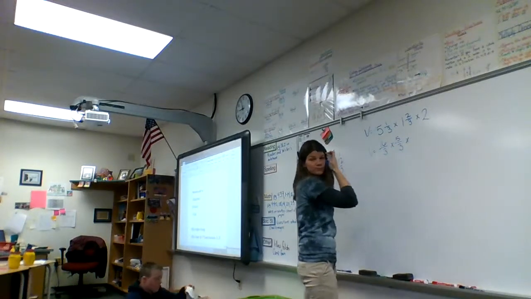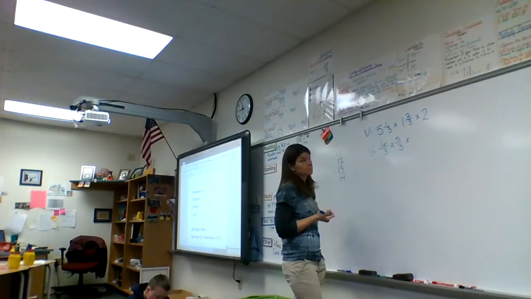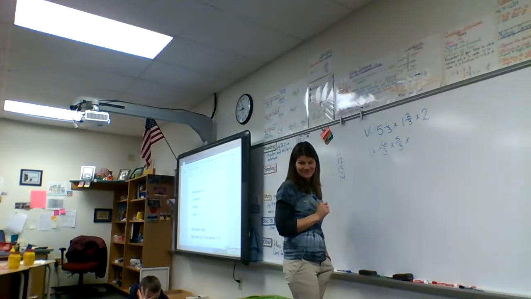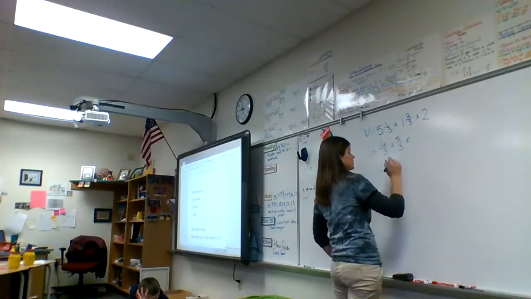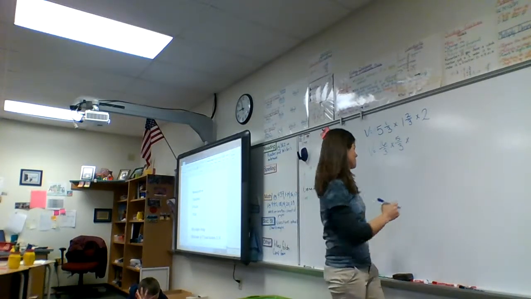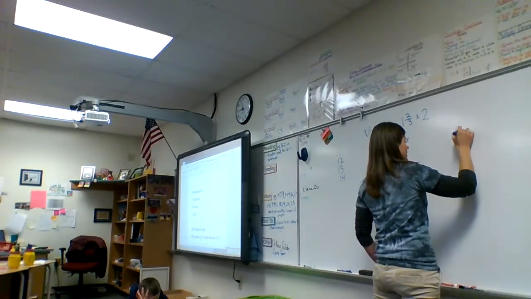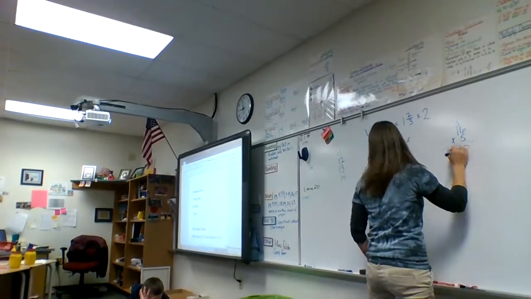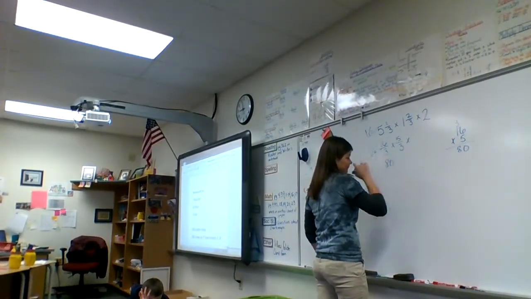What'd you do with your 2? Oh, yep. I didn't put it. Wait, no, I did. I multiplied that already. Okay, so you multiplied first. So did you take 16 times 5? Yeah. Okay. When you multiplied 16 times 5, you got 80. 80 over what? 9. Okay.